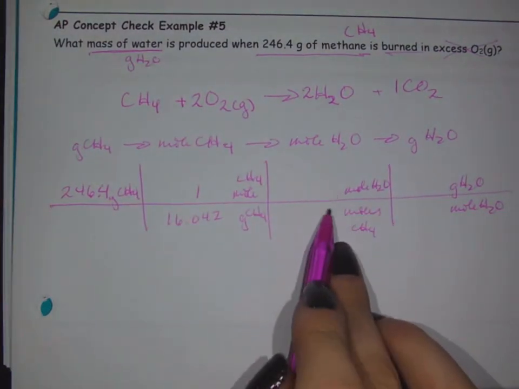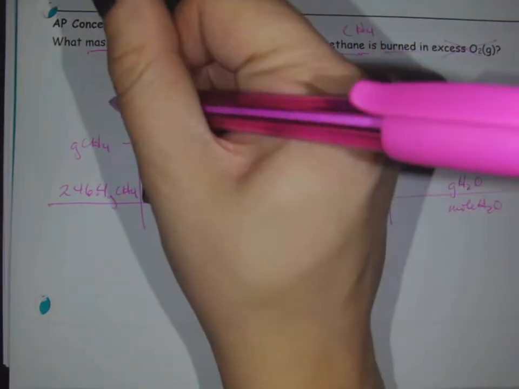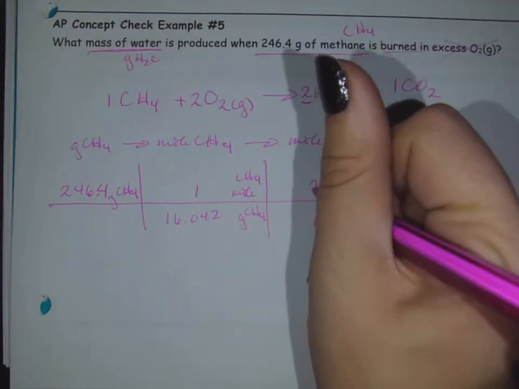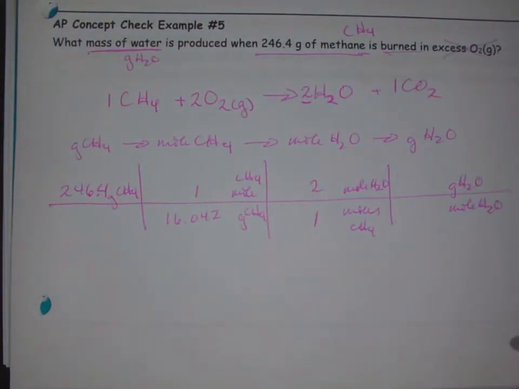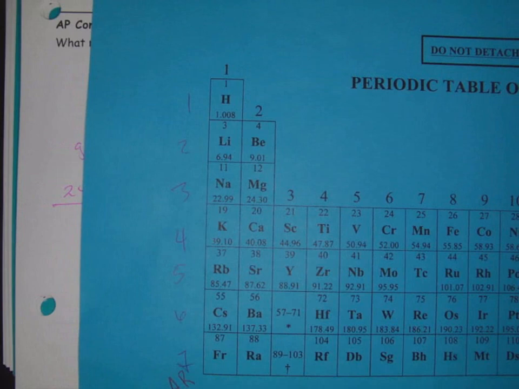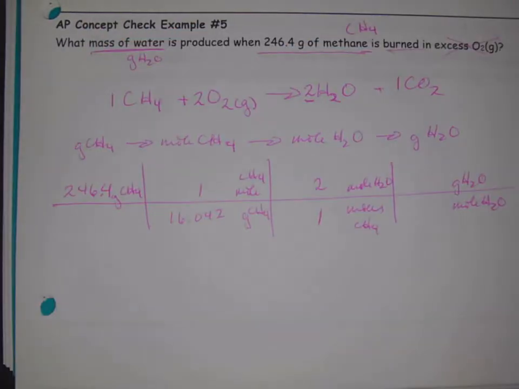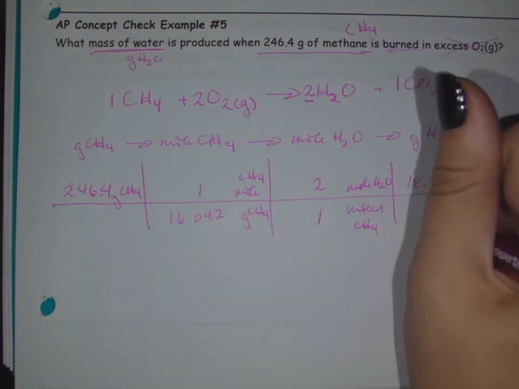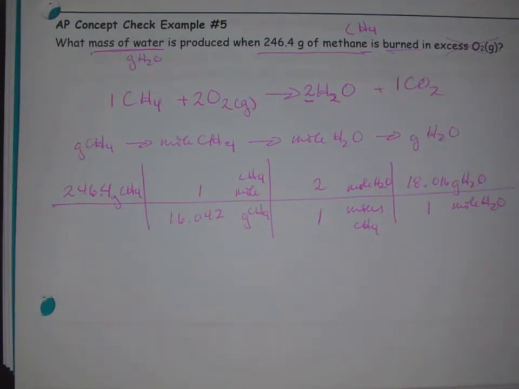Moles over moles comes from this balanced chemical equation. For every 1 mole of CH4, we get 2 moles of water. And then grams over moles goes back here, where we're going to add these together. So 2 hydrogens, 1.008 times 2, plus oxygen, which is 16 grams per mole. And we get 18.016 grams per mole.